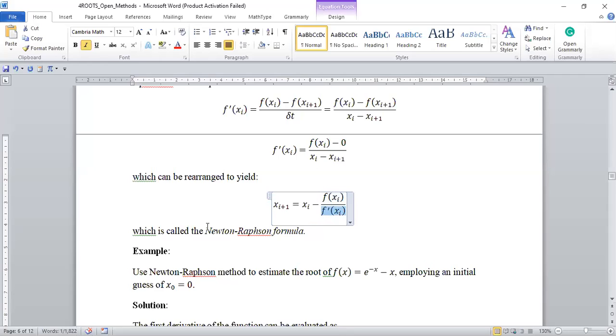So simply, the Newton-Raphson method says that the new value of the root is equal to the present value minus the value of the function at the previous approximation divided by the first derivative of the function at the previous value. So let's do an example so that we can understand better.